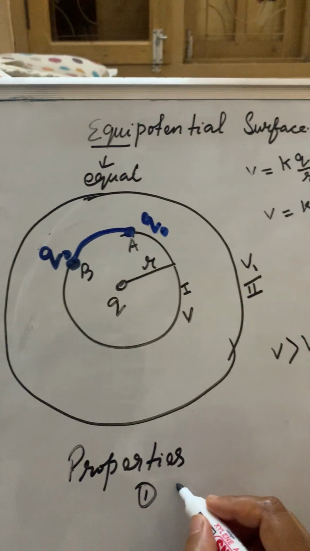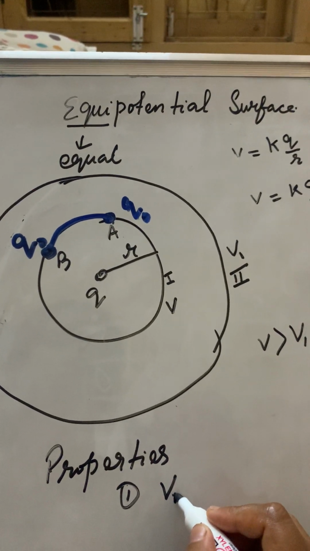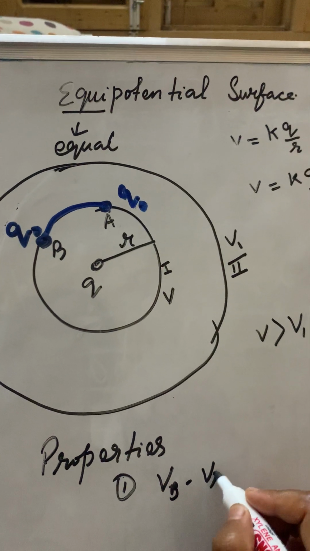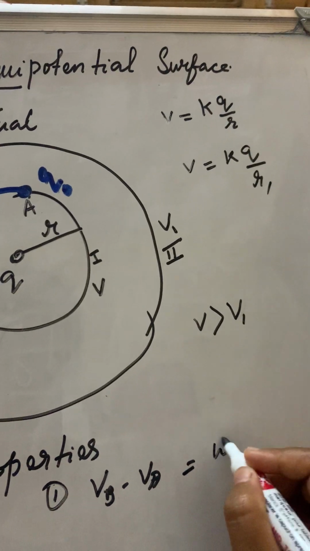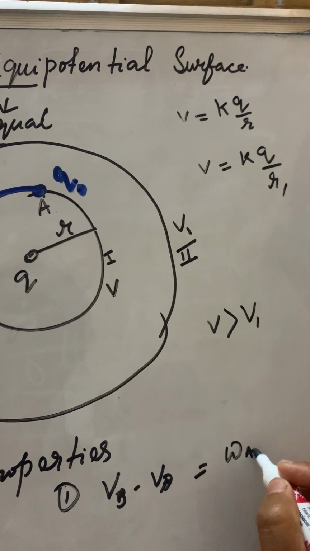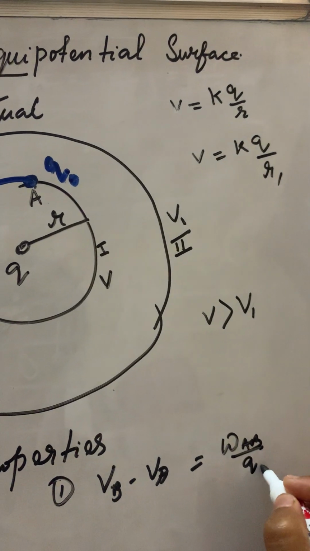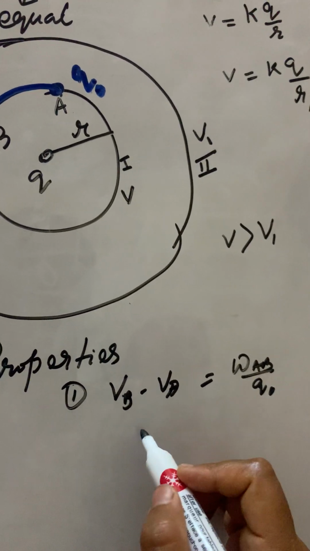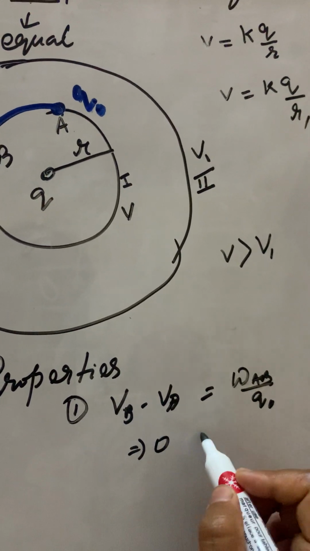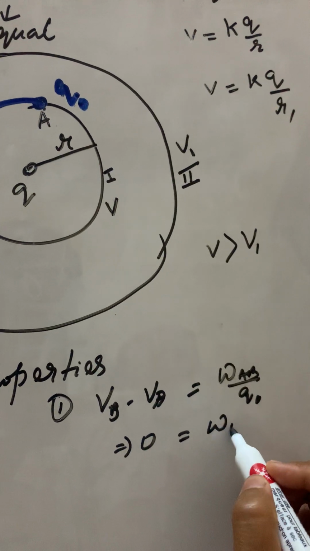Then what is the potential difference? VB minus VA is equal to the work done from A to B divided by q0. But the potential at B and A is the same. So how much is the difference? 0. So what is the work done?